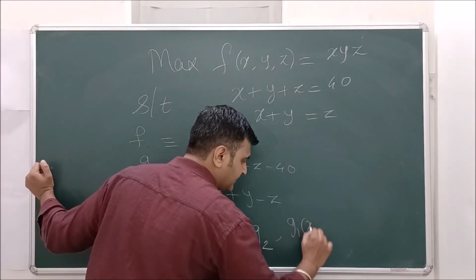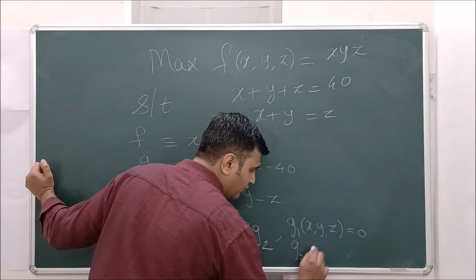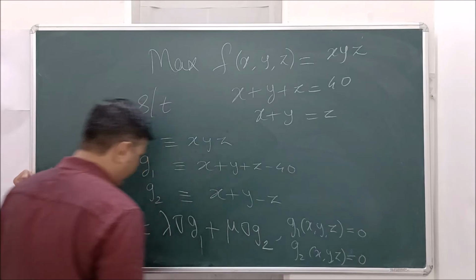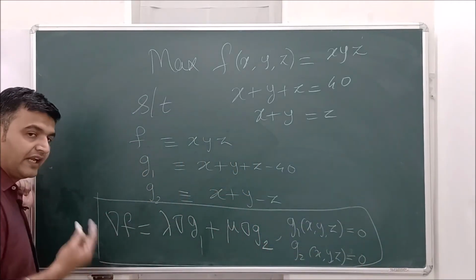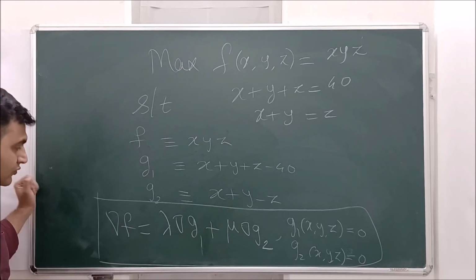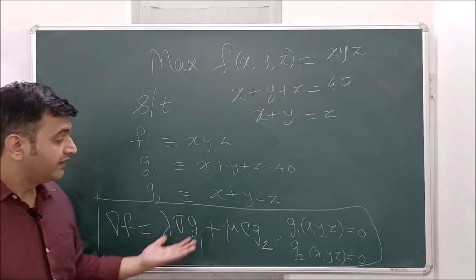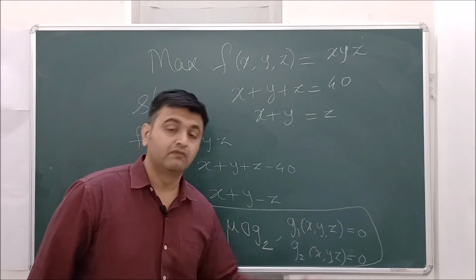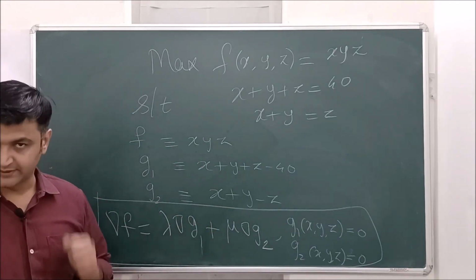The others are g1 of x, y, z equal to 0 and g2 of x, y, z equal to 0. You take the help of these equations to find the values of lambda and mu. Once you get lambda and mu, you can come back here and get the value of x, y, z.